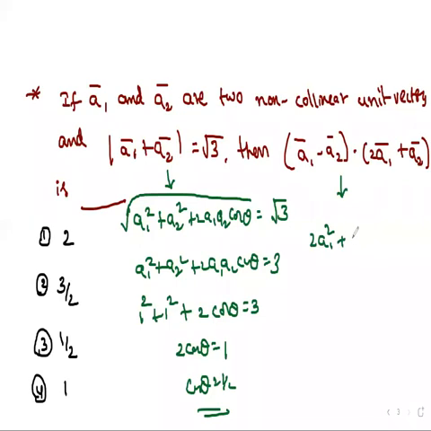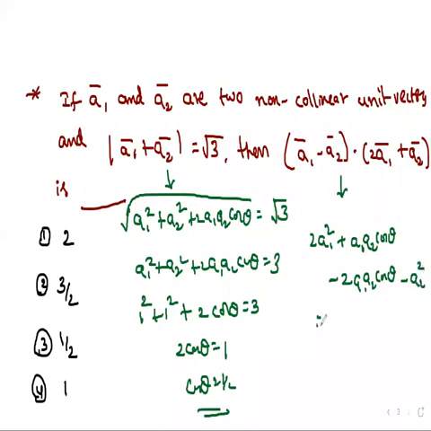The formula for a bar dot b bar is ab cos theta, so a1 bar dot a2 bar is a1 a2 cos theta. Then minus a2 dot 2a1, that means 2 into a1 dot a2, which is 2 a1 a2 cos theta. Finally, minus a2 dot a2. The dot product between two similar vectors is the square of that vector, that is a2 square.